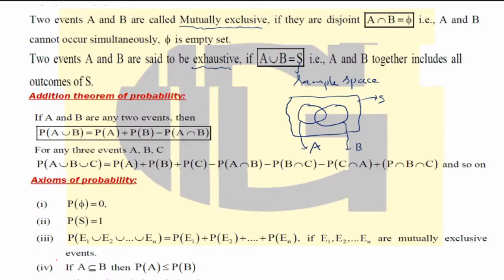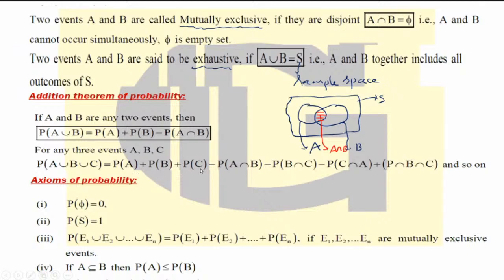That means A intersection B is contained in both A and B. That's why we subtract A intersection B one time. The shaded part is A intersection B, which is involved in both A and B. Now, similarly, P of A union B union C. First take single sets, add the probabilities.